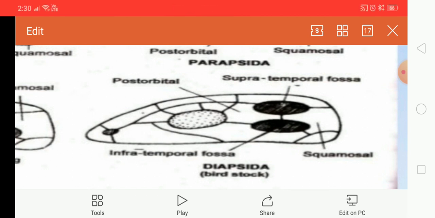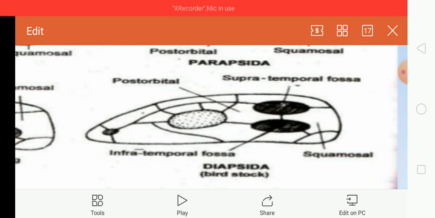Whereas in snakes, two of the bones which flank the supratemporal fossa may be lost completely. Thus it gives rise to a temporal region, a whole area devoid of bone, as a very large cavity is formed in the temporal region.